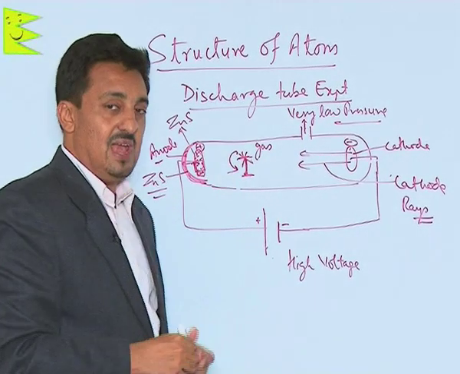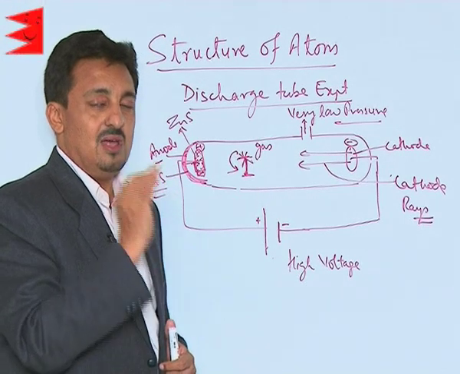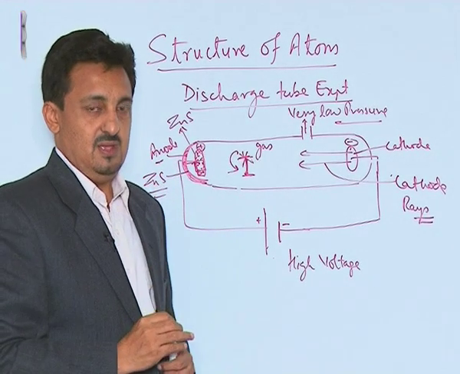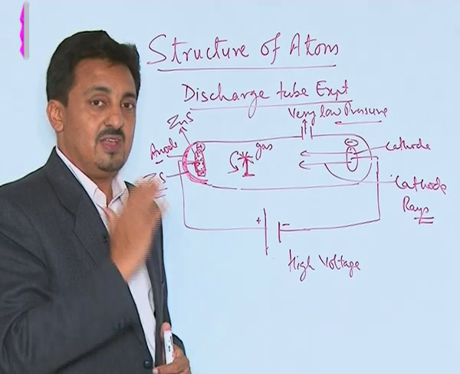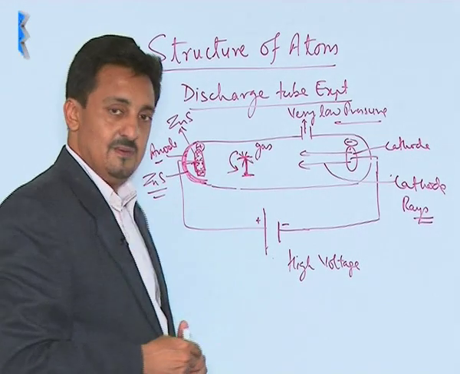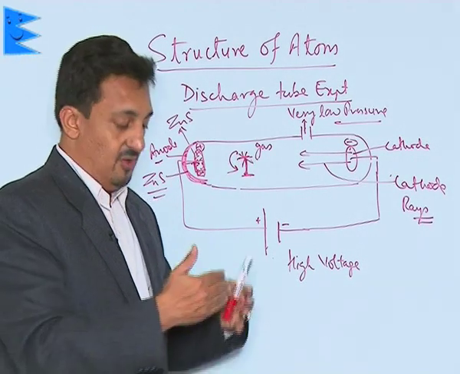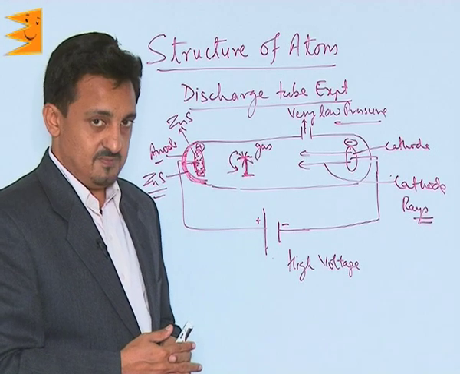Now when this wheel rotates, it means these rays are made up of small tiny particles. They are not just electromagnetic radiations. They are having a particle nature. That is why they are able to move this paddle wheel. So these were the few major conclusions made by Goldstein.